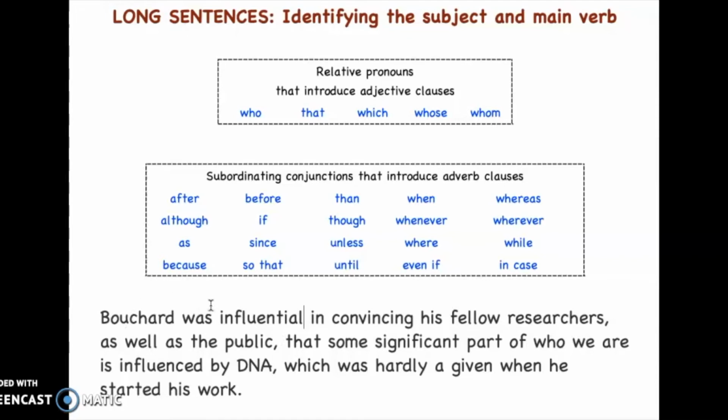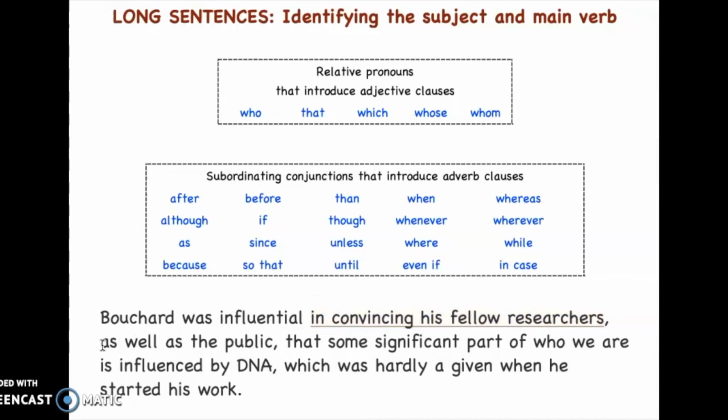So Bouchard was influential, and this part here, in convincing his fellow researchers, tells us more about how he was influential. So this is actually giving us more information about this adjective. It is a prepositional phrase that is modifying the adjective influential, so we're going to eliminate that.